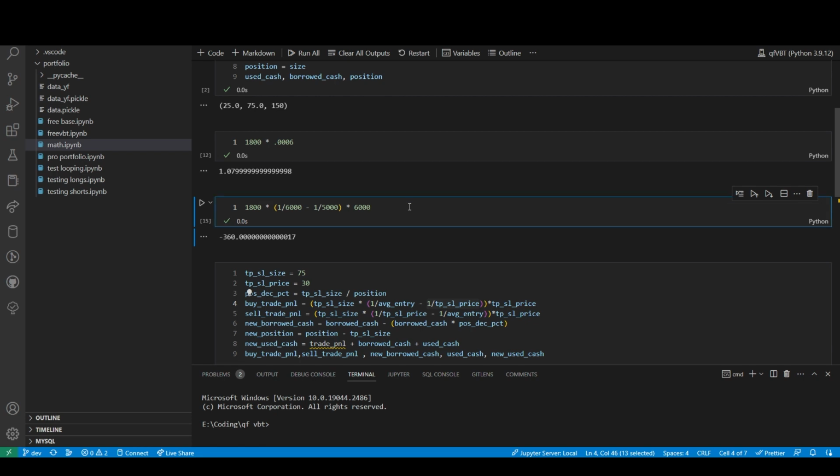Why is it negative 360? Why is it negative? How is this negative? 1 over 6,000 divided by 1 over 5,000?